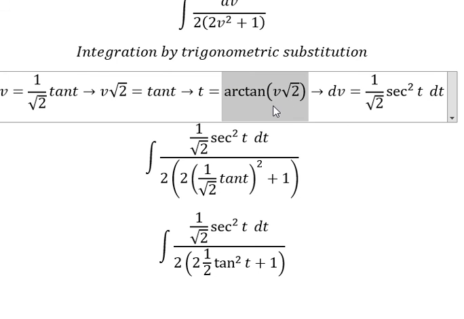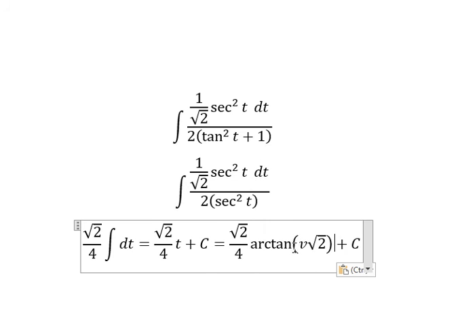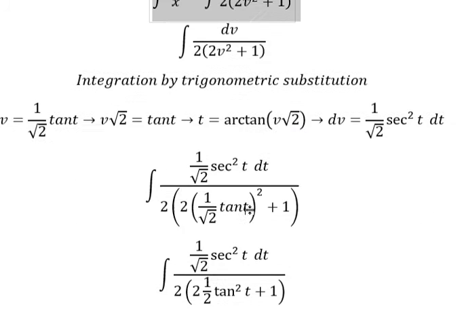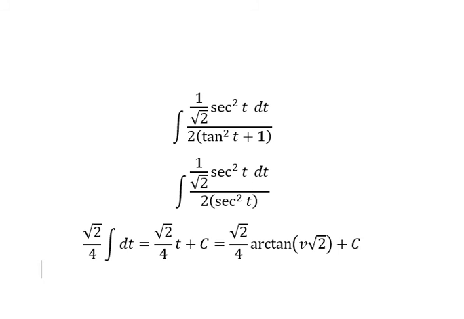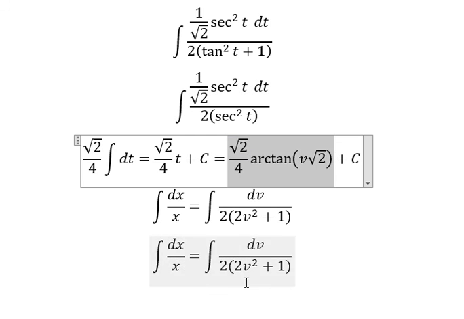Now I will put this one to change for t. And now we return back to this one. The integration of this one in here, we will have about this one in here.